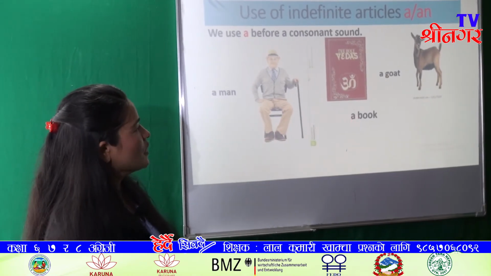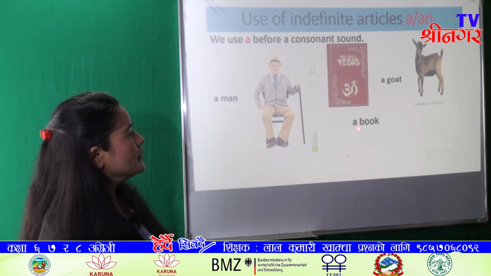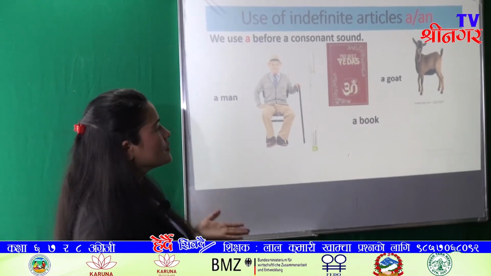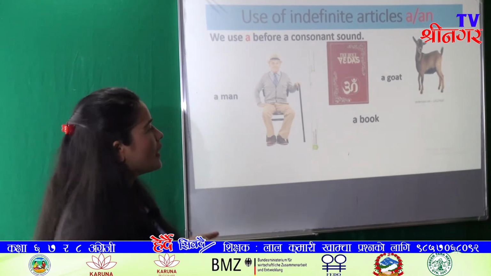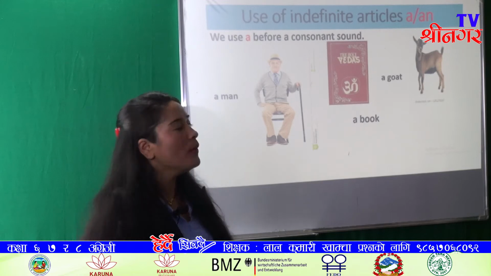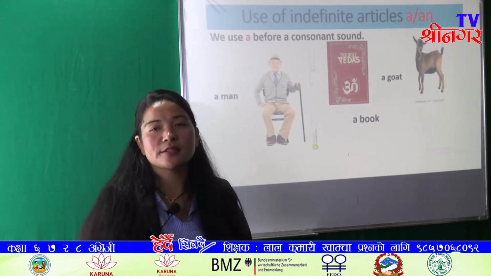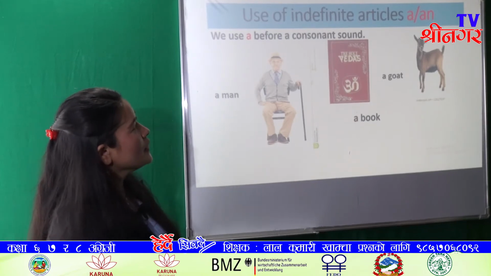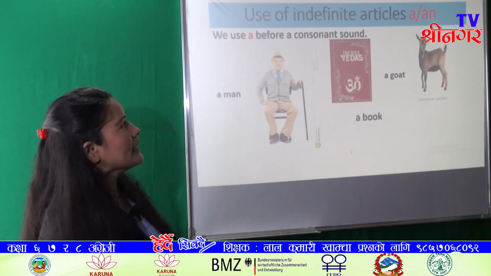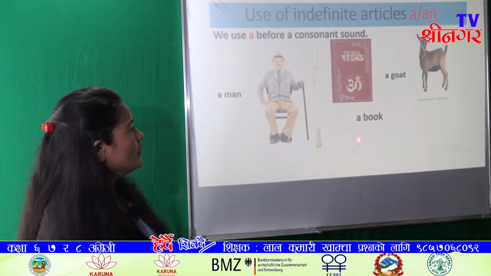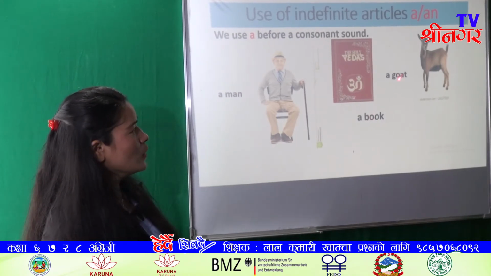And in the next picture, book. B is a consonant letter, and we pronounce it as ba, book. So ba is a consonant sound. So before a consonant sound, we use the indefinite article a. Okay, man, book, goat.